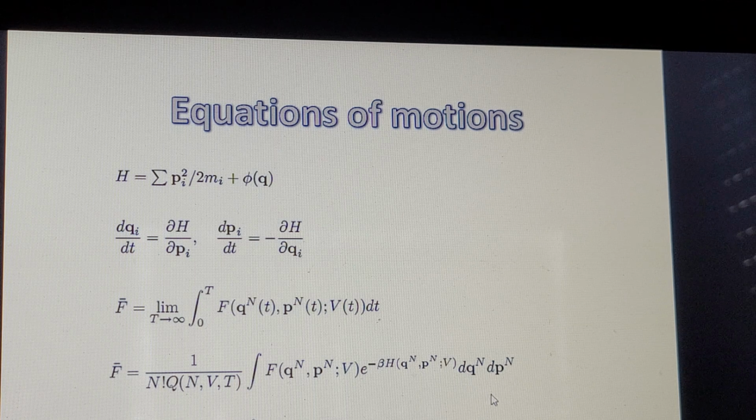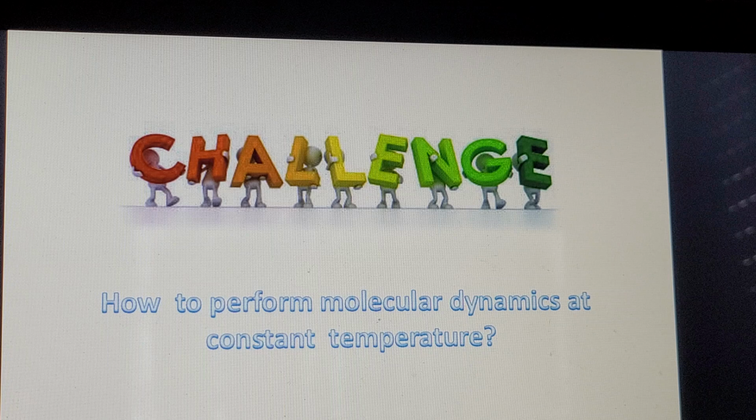And when you have n particles, of course each particle has a position, so it should be dq to the n, and you also have n momenta, so it should be dp to the n. Okay, it is also a good idea to check this formula in some thermodynamics books to make sure that everything is correct.